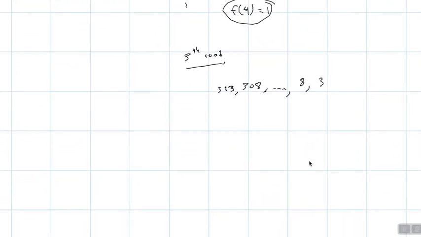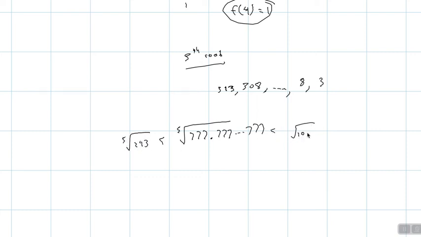So this is going to be 777.777. We need to find the fifth root of that. Well, that's in between the fifth root of 243, which is 3, and the fifth root of 1024, which is 4. So the leading digit here is going to be 3. So f of 5 is equal to 3.